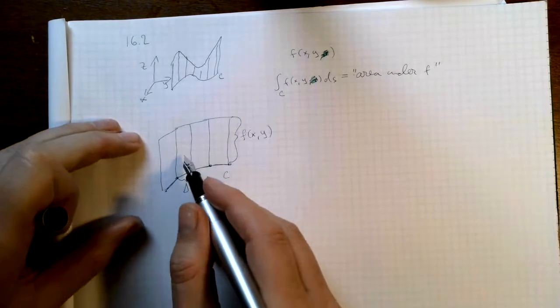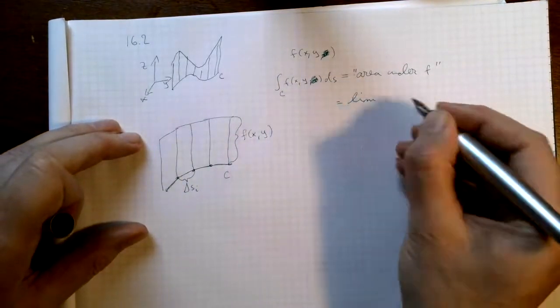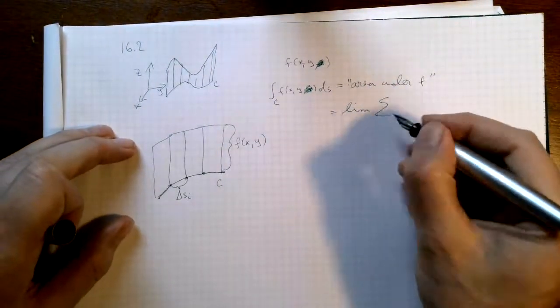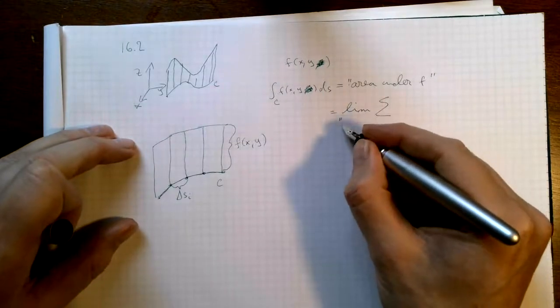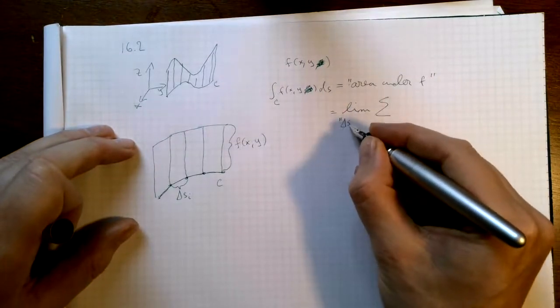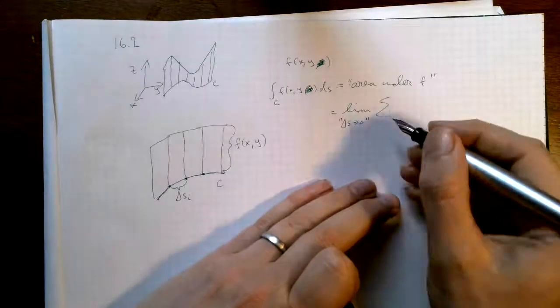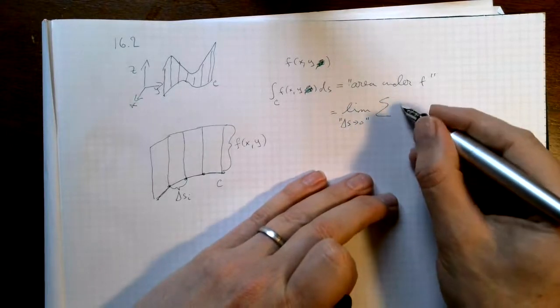So what am I doing? This thing is the limit, whatever limit. Let's not worry about how we take the limit, basically as delta s, I'll write it in quotation marks here, as delta s goes to 0. That's basically the limit that we're taking, and we take a sum of f.